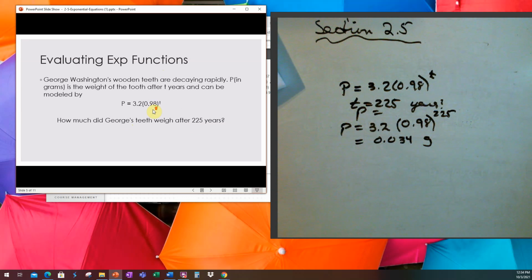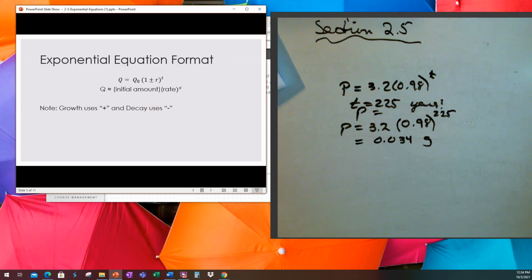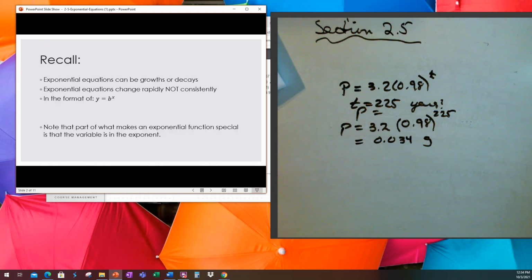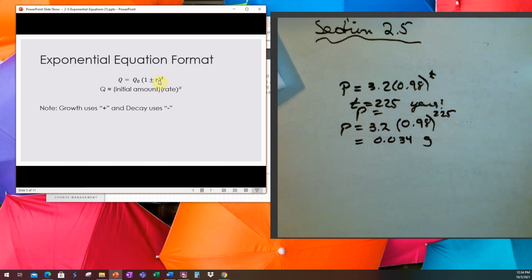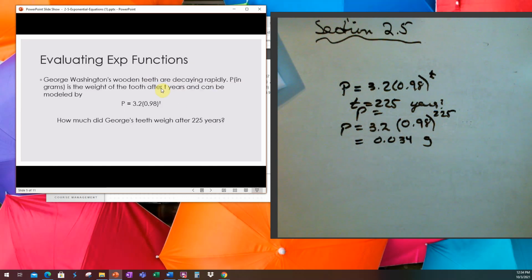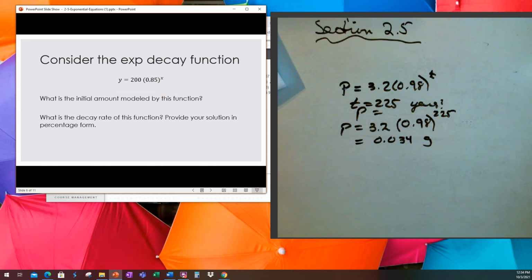That's the 15. Here is the exponential rate, and the decay rate is the negative, so that would be decaying at a rate of 15%. What is the initial amount modeled by this function? 5. We start out with 5, and we're decaying at 0.03 or 3% per year, or whatever the time base is here, the x rate.